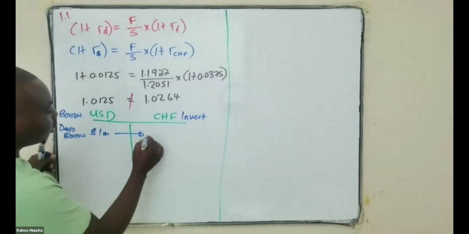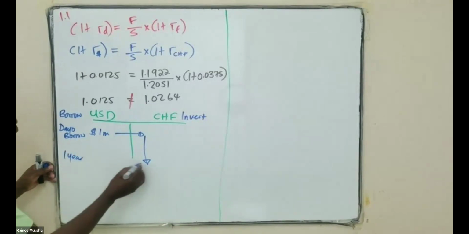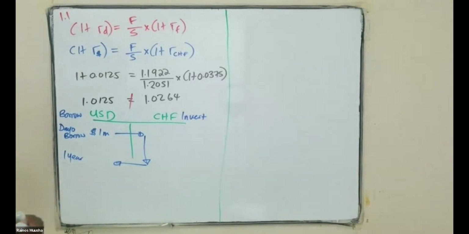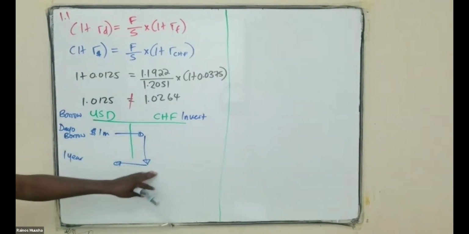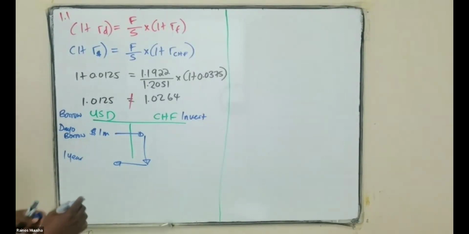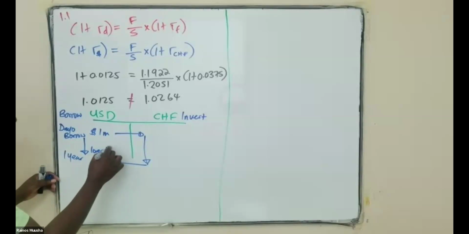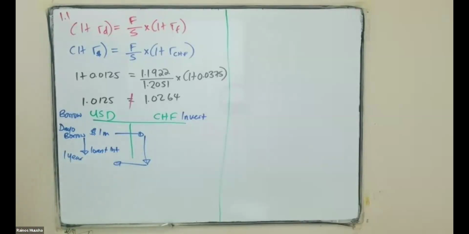So you invest this money for 1 year. Then after 1 year, you convert this money back to US dollars. That's the strategy we're going to follow: borrow on the US dollar side, convert to CHF, invest it for 1 year, and then convert it back to US dollars. When you borrow on the US dollar side, it means after 1 year, the loan plus interest is due.